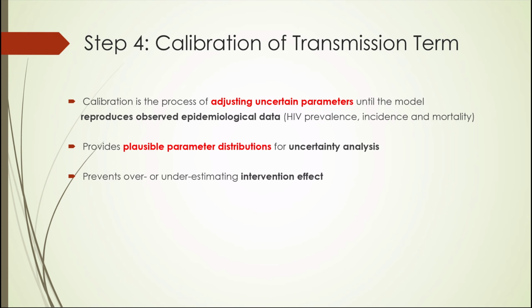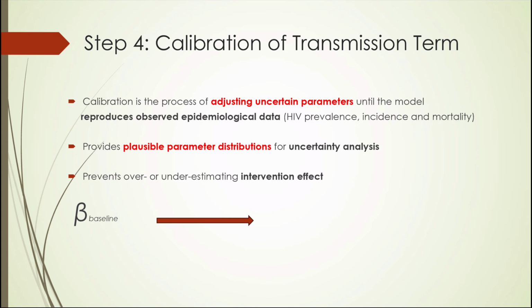This calibration step also helps us to come up with plausible parameter distributions, which we can later use for uncertainty or sensitivity analysis. And it prevents over or underestimation of intervention effect, because we know in the base case scenario, we are capturing what is really happening. And now we are able to put the intervention effect in to see what's happening if we intervene.